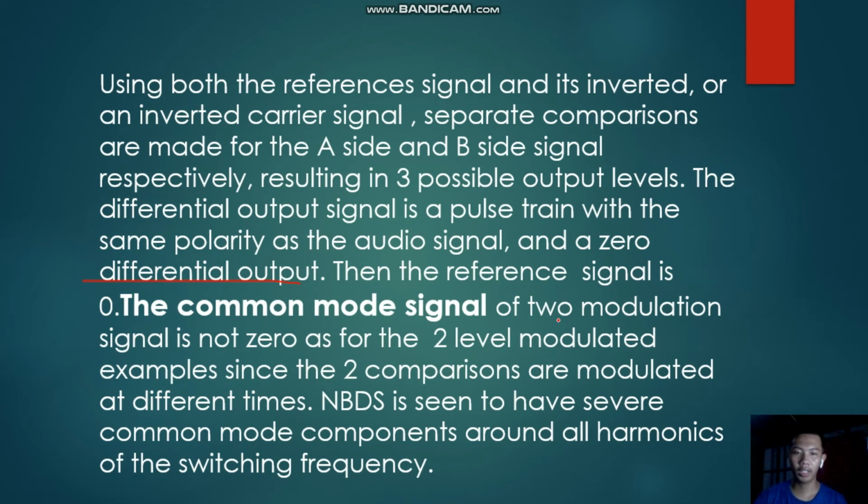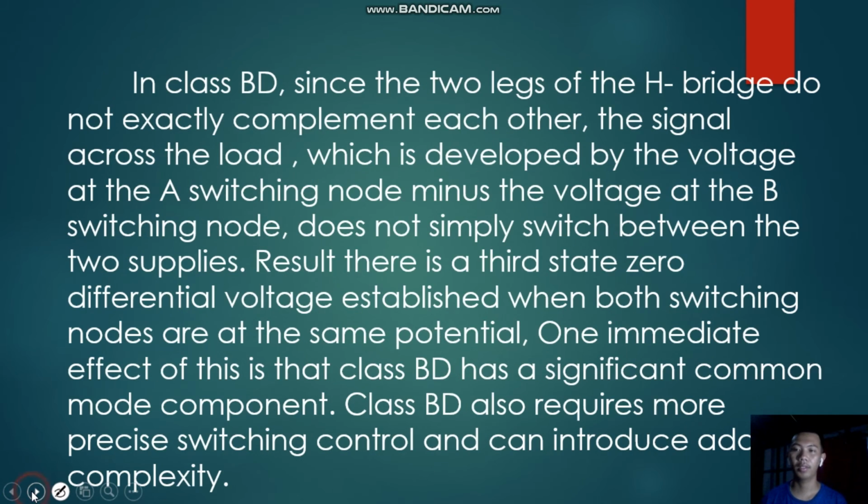The common mode signal of the two modulation signals is not zero, as it is for the two-level modulated example, since the two comparisons are modulated at different times. NBDS is seen to have severe common mode components around all harmonics of the switching frequency. In class BD, since the two legs of the H bridge do not exactly complement each other, the signal across the load, which is developed by the voltage at the A switching node minus the voltage at the B switching node, does not simply switch between the two supplies.